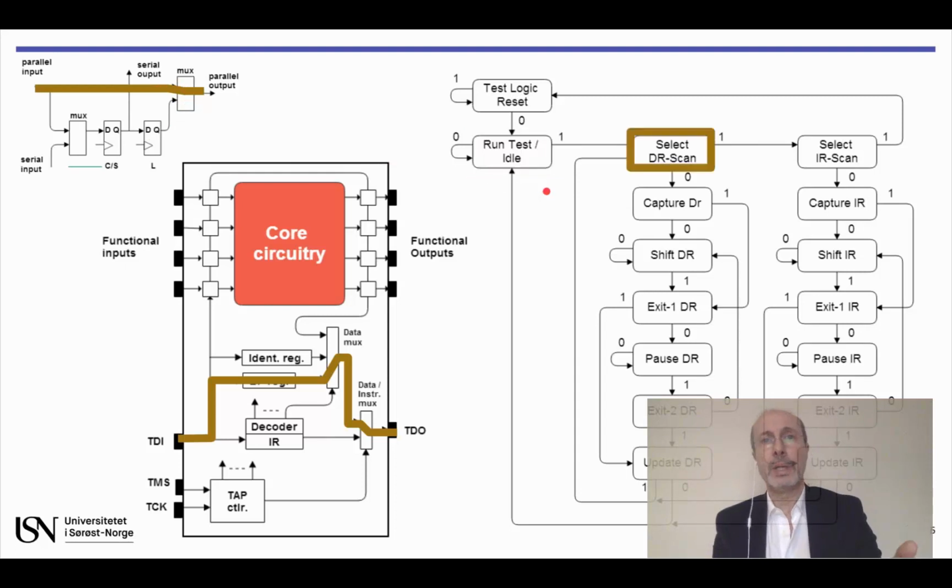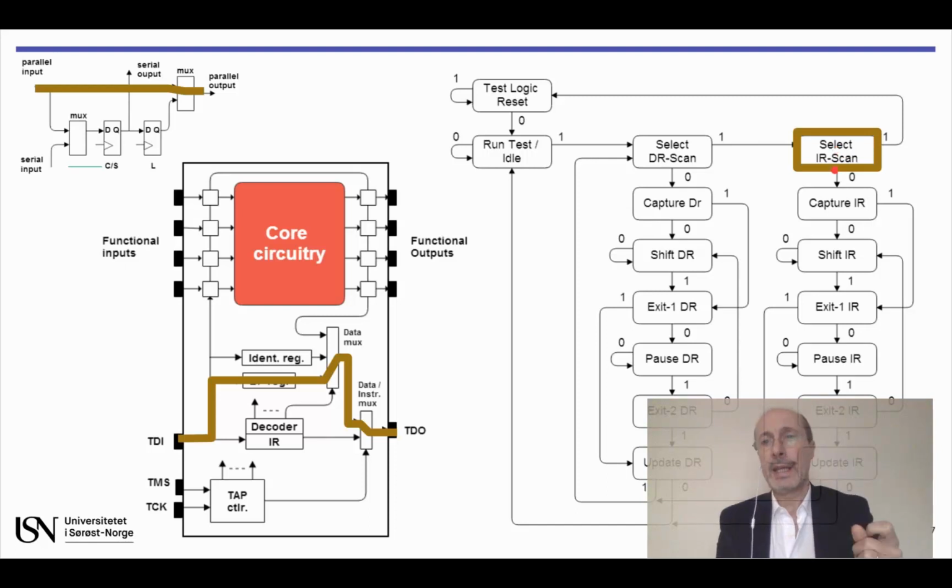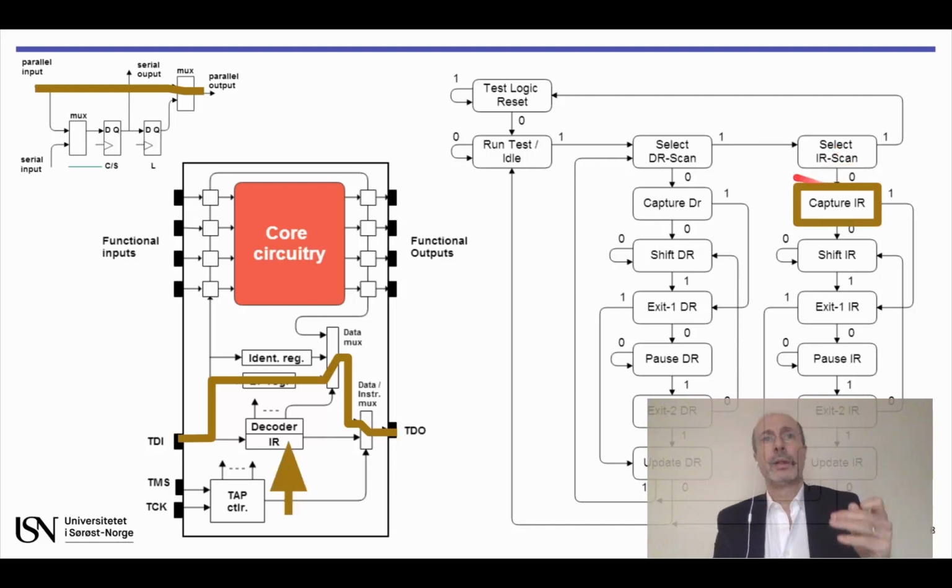Next, we drive a 1 to TMS in order to go from run test idle to select data register scan, and then another 1 to go from select data register scan to select instruction register scan, and then a 0 to go from select instruction register scan to capture instruction register.